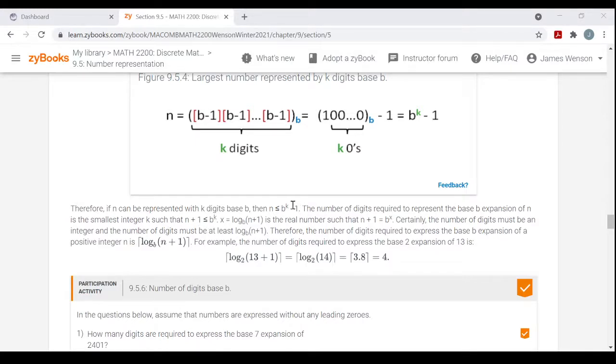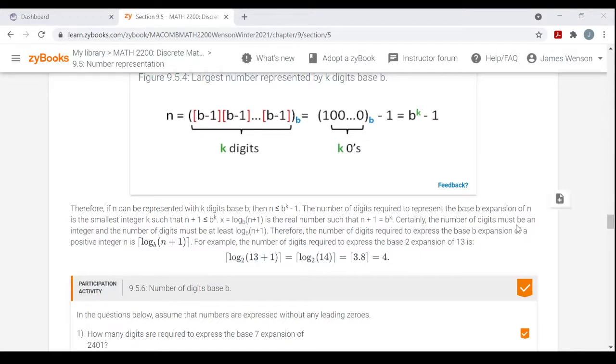So all they did was add 1 to both sides of this inequality. And if you look at the logarithm of both sides, you'd have x equals the log base b of n plus 1, the real number such that n plus 1 is equal to b to the x.